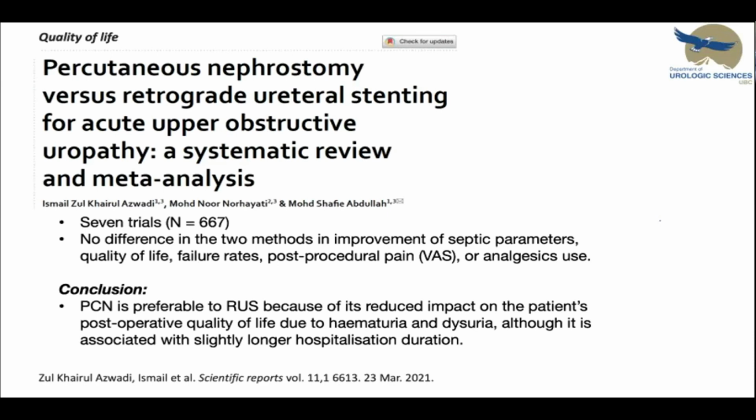However, their conclusion, percutaneous nephrostomy is preferable to ureteral stent because of its reduced impact on patients' postoperative quality of life due to mostly hematuria and dysuria, although it is associated with slightly longer hospitalization duration.